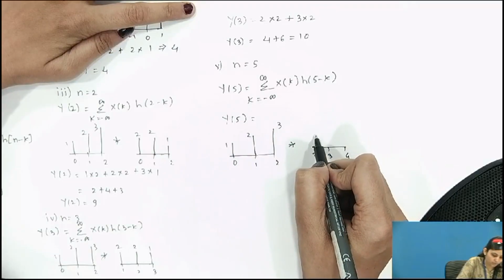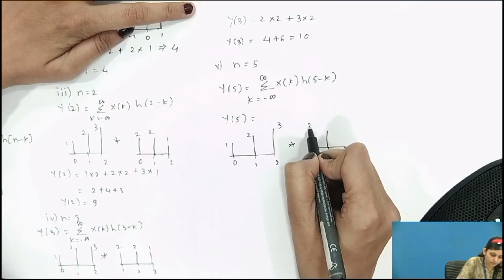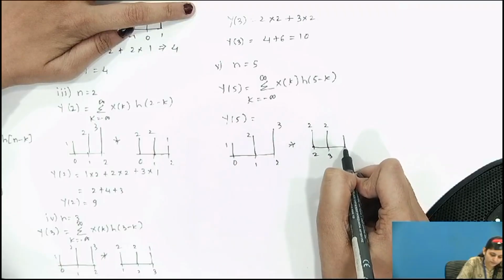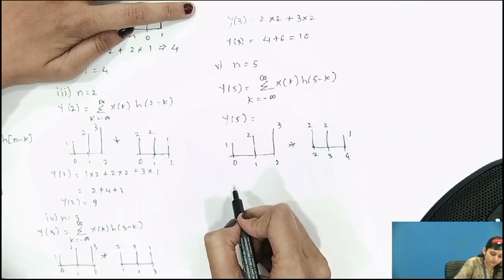At 2 the amplitude is 2, at 3 the amplitude is 2 again, and at 4 the amplitude is 1.